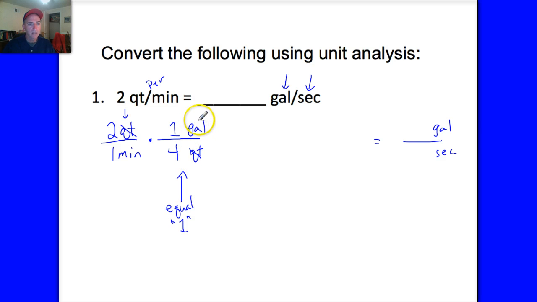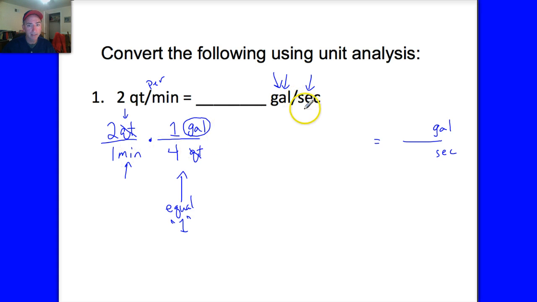And we do. So now I'm left with gallons in the numerator. So that means I have now established this unit as the capacity unit in this problem. But right now I have gallons per minute. If I were to multiply this out, which would be 2 over 4 or 1/2, it would be 2 gallons per 4 minutes.